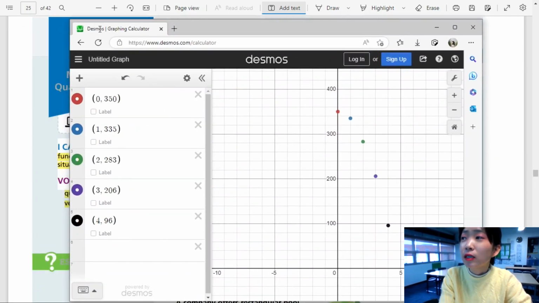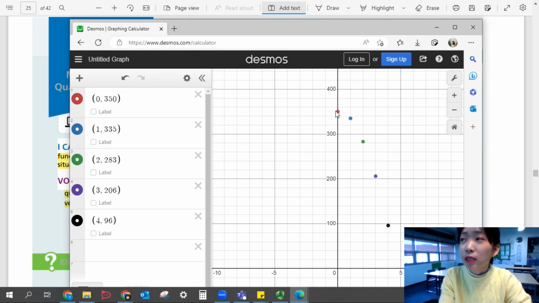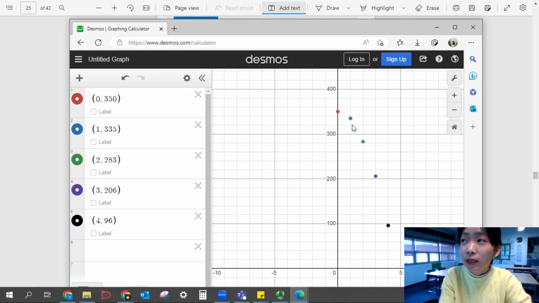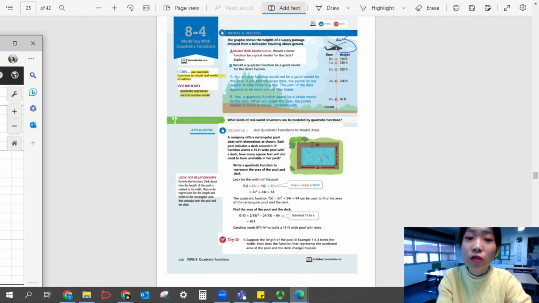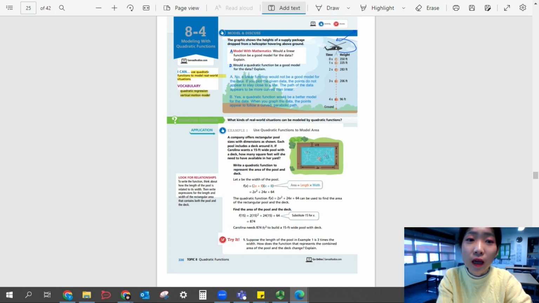If you look at the graph and you label all the points, you can see that it is not a straight line, it's closer to a curve, right? So it looks like a parabola opening towards facing downwards. So it's better to be plotted as a quadratic function instead of a linear function.